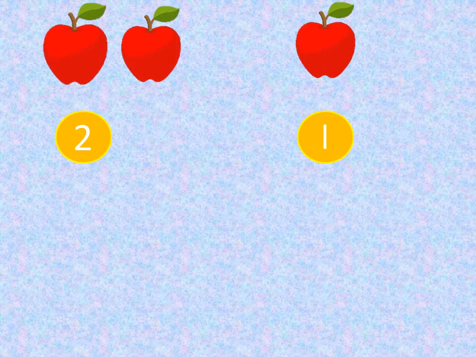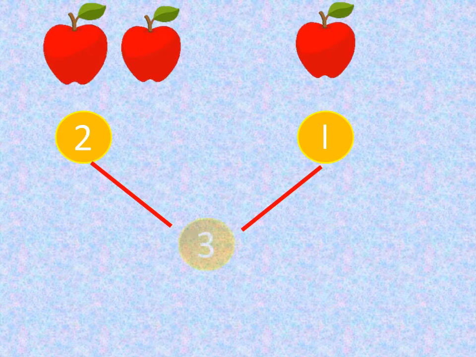2 apples, 1 apple. When we do number bonds, we told 2 and 1 make 3 because there are 3 apples all together. Now we are going to replace the plus mark and equal mark instead of the words and make.